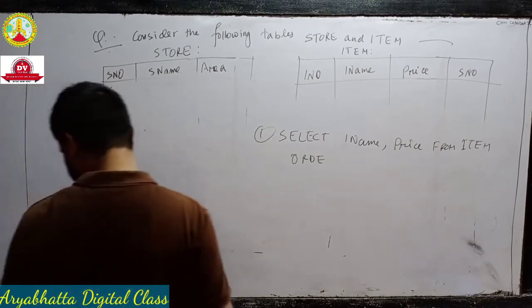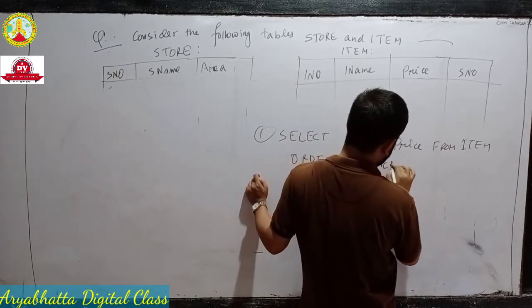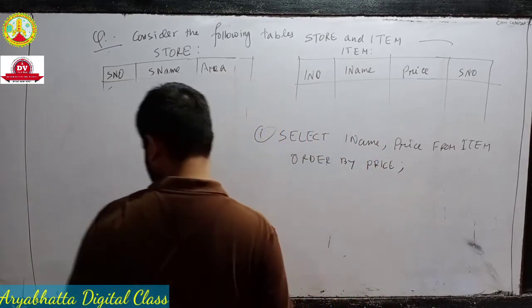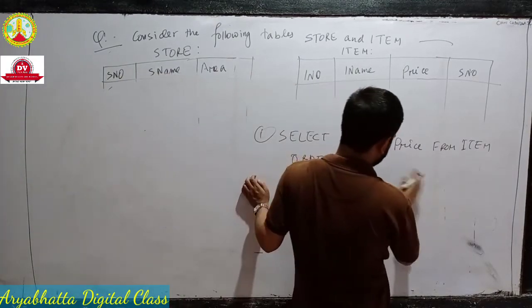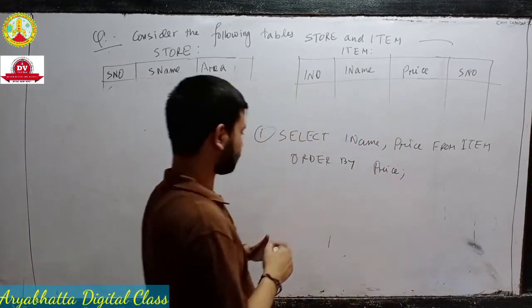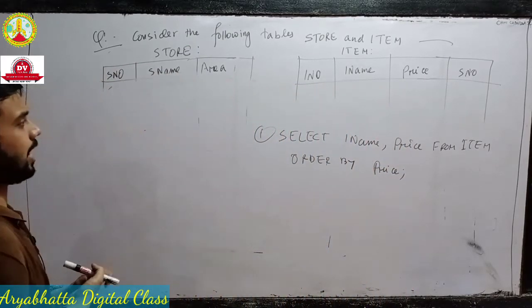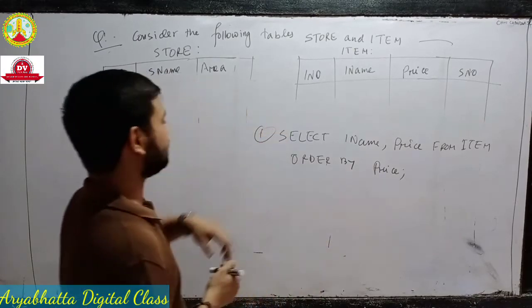We select the item name and price from the item table, order by price, which means we arrange in sorted order.